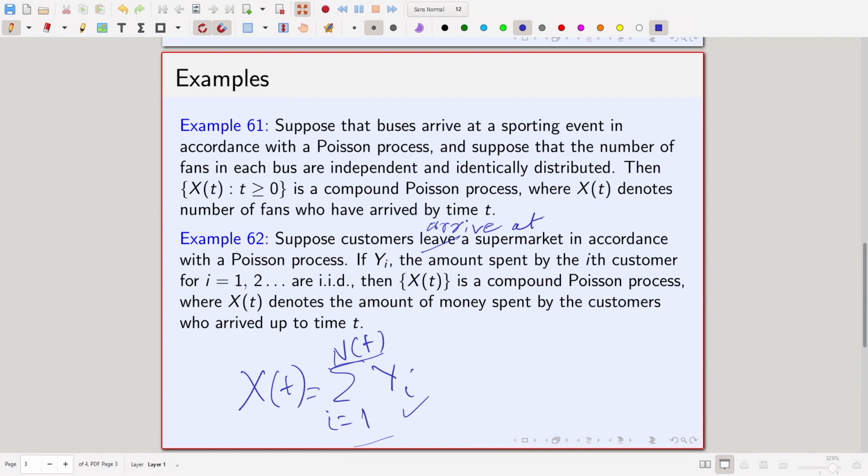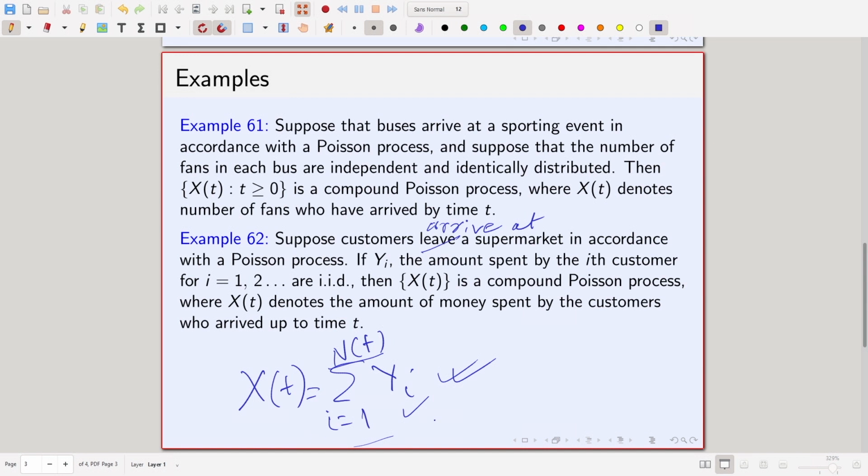If Y_i is the amount spent by the ith customer for i equal to 1, 2 and so on, and that amount is IID, then if you denote by X(t) the amount of money spent by the customers who arrived up to time t, again X(t) will be compound Poisson because it will have this kind of expression. Here Y_i is the amount spent by the ith customer, N(t) is the total number of customers who arrived up to time t, so the amount spent by the customers who arrived up to time t is given by this.